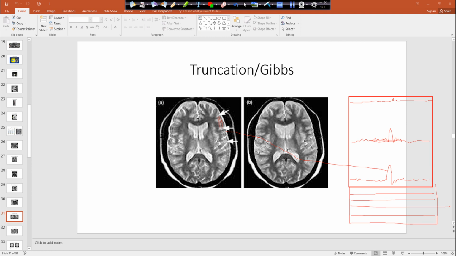Your phase matrix, which number is it? Like if you had a 256 by 128, which one's the phase? 128, the smaller number. So a remedy would be to go from 256 by 128 to a 256 by 256. So now we've increased those phase encoding steps.